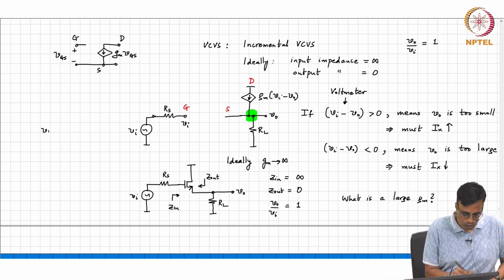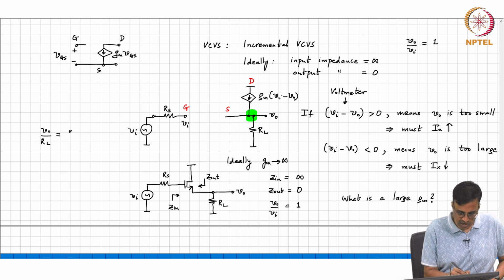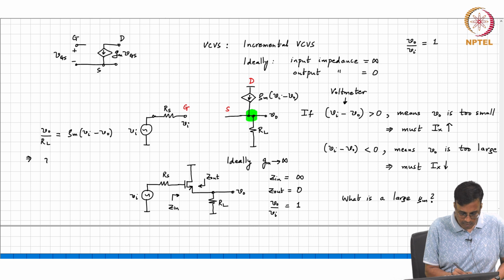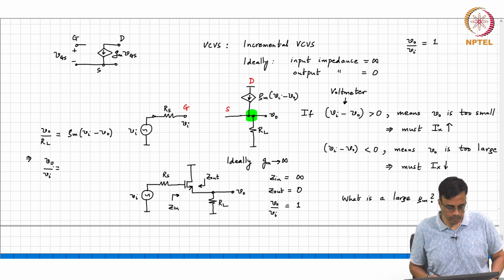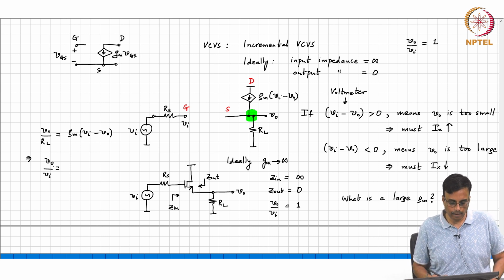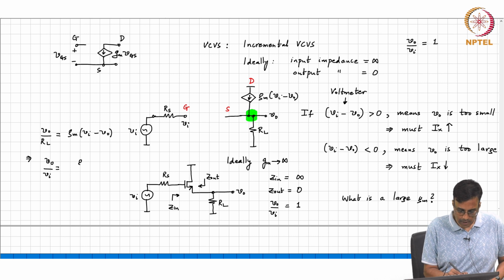So, VO by RL, that is the current flowing downwards, is nothing but GM times VI minus VO, and therefore, VO by VI is nothing but GM RL over 1 plus GM RL.